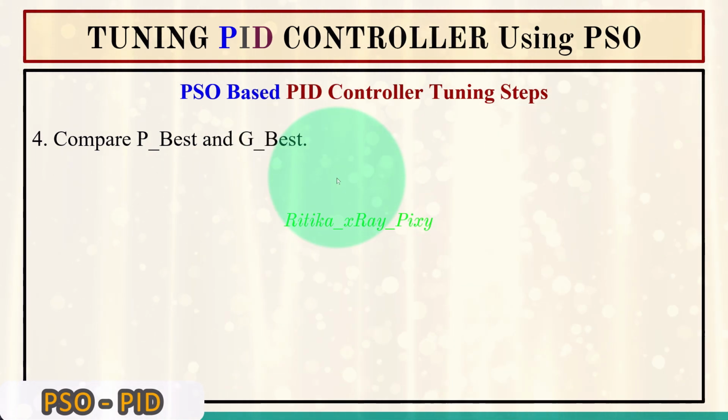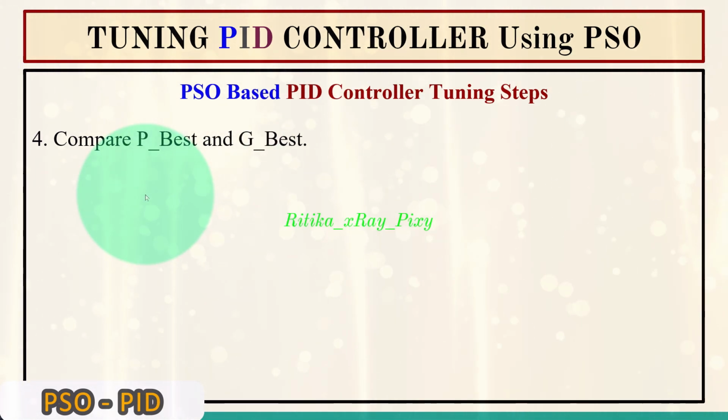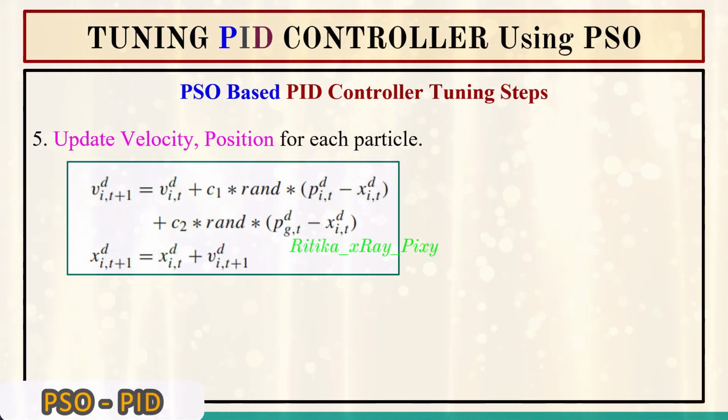Then from the fitness values we will select the personal and the global best. Then here update the velocity using this equation, then update the position by adding the calculated velocity to the previous position, and it will give you the new position.